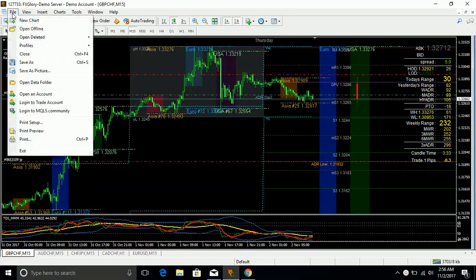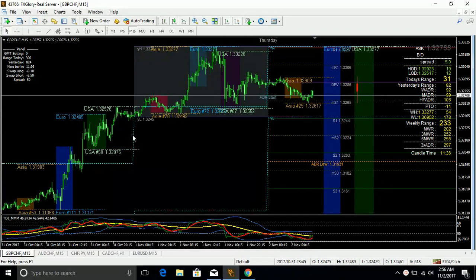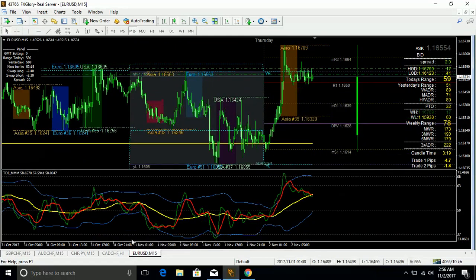Let me go into my live account in a moment. I don't think I took pound CHF on my live account. No, I didn't. But I did place these two Euro USD trades.